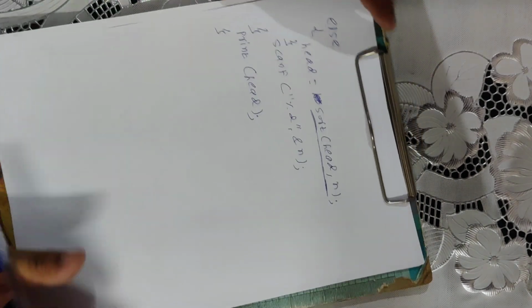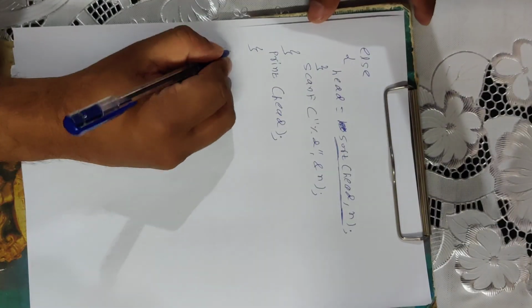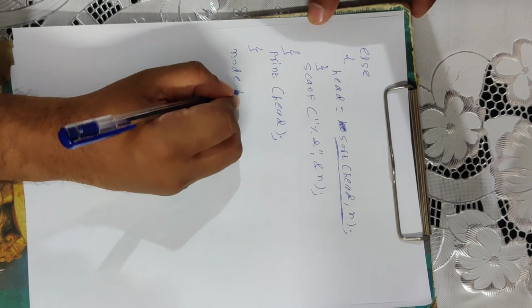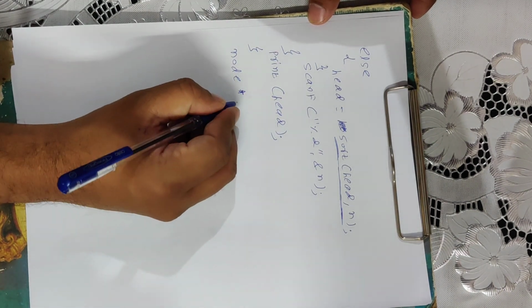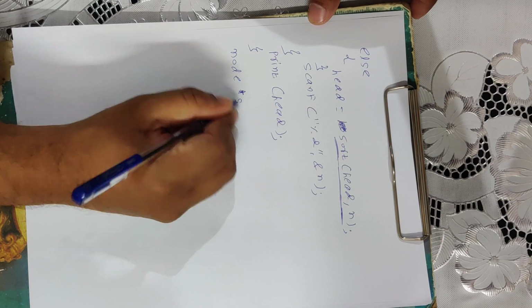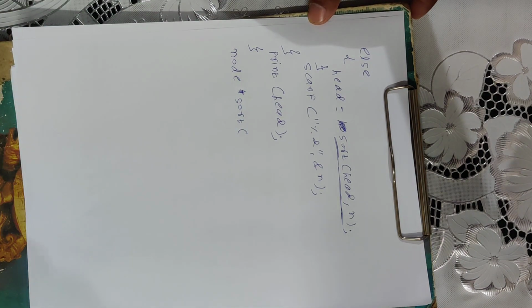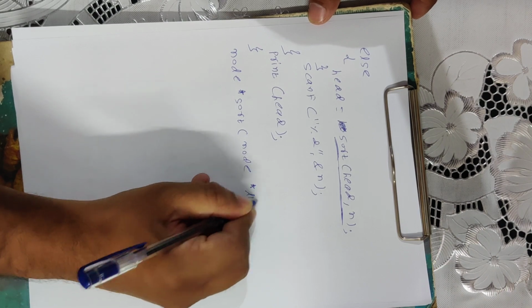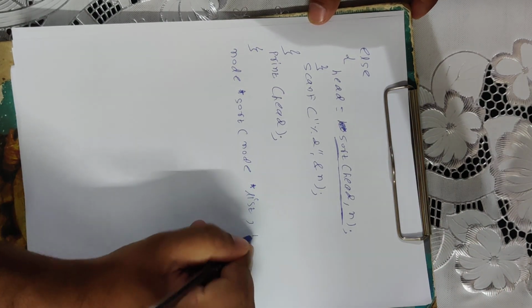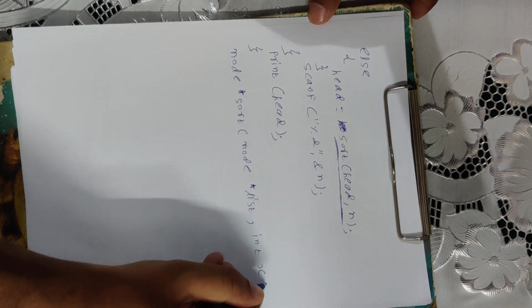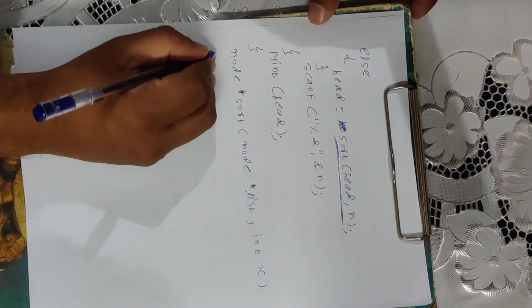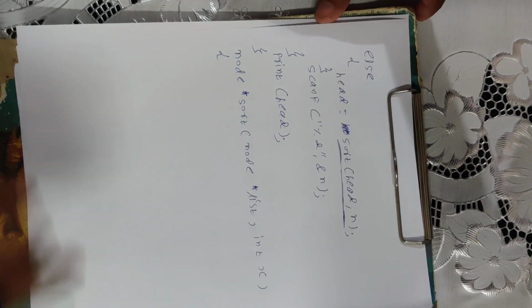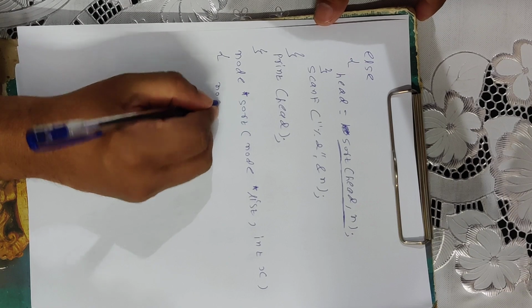Okay, now the declaration of your sort function: node *sort. Here I am using the function with node *list and integer x. Here a semicolon will not come. Here I am defining some variables.